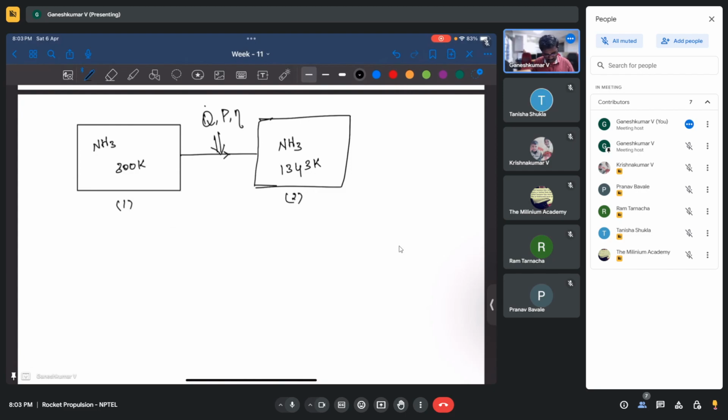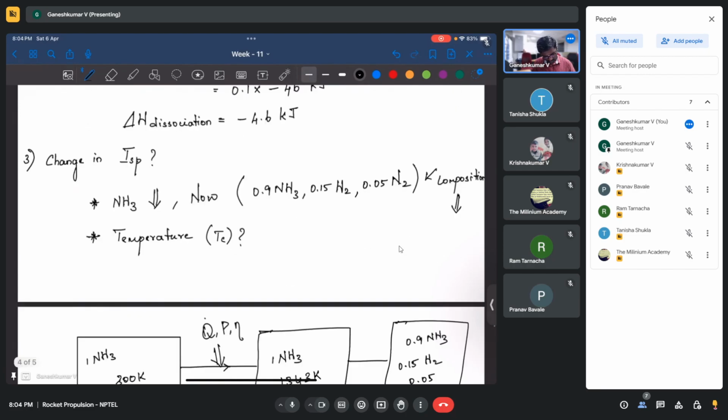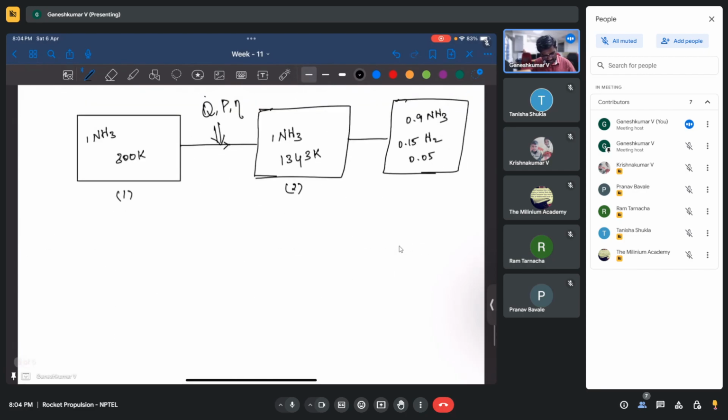It has gone through. Now there is no heat loss from the combustion chamber, but now it has reduced to 0.9 NH3, 0.15 H2, and 0.05 N2, with the final temperature Tc. Here there is no heat loss.